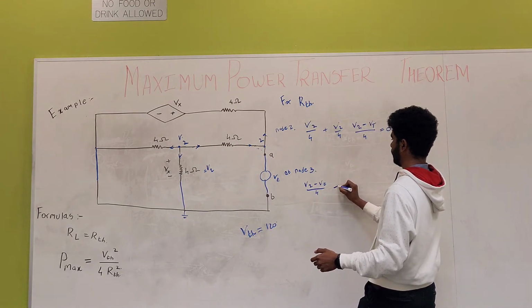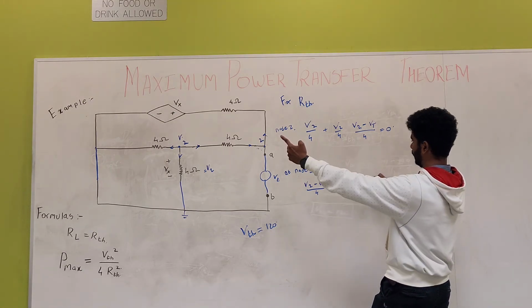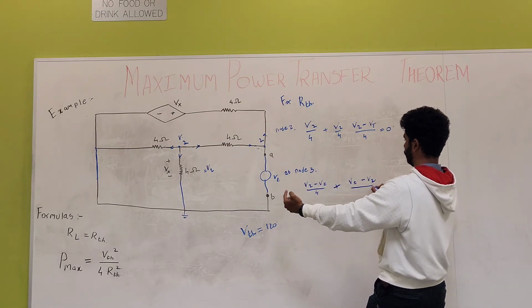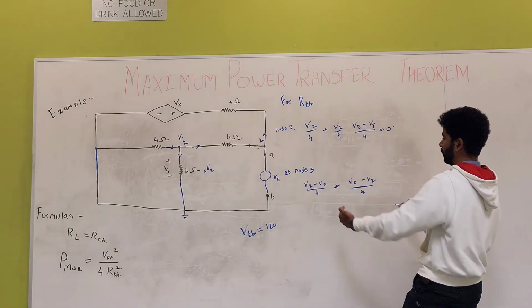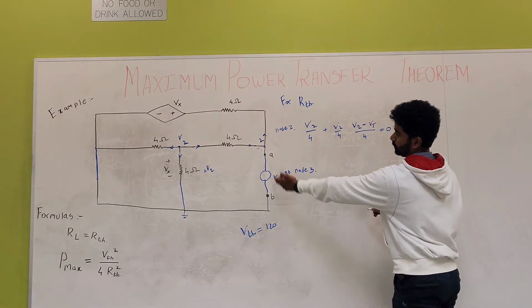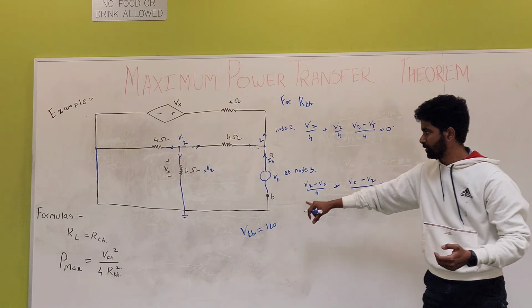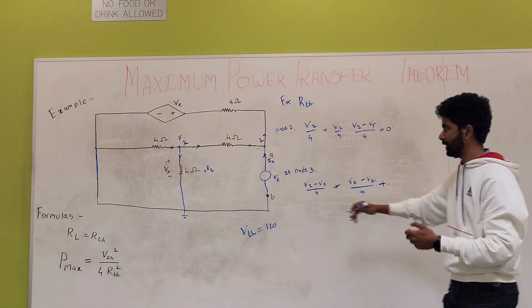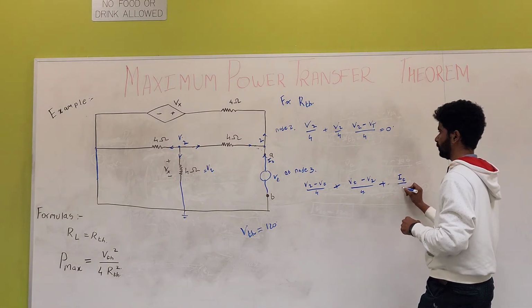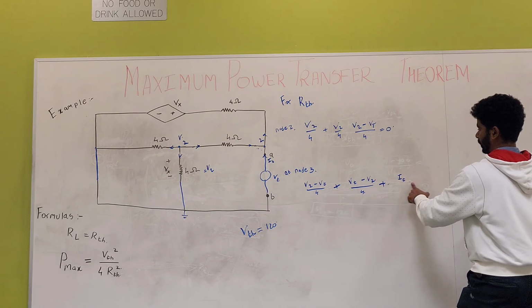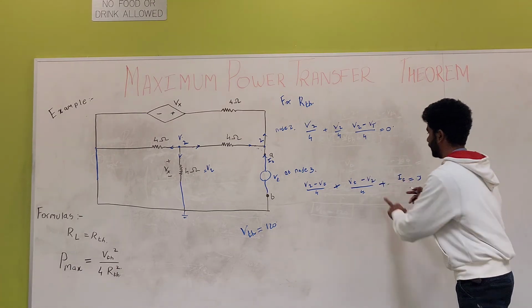So plus VT minus V2 upon 4, because Vx is equal to V2 now, plus at this point it would be It. This is the voltage VT and the current across it is It, so it would be It, is equal to 0. Sorry, it's going inwards, so it would be minus It.